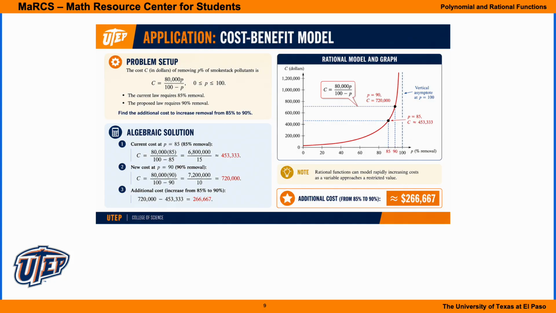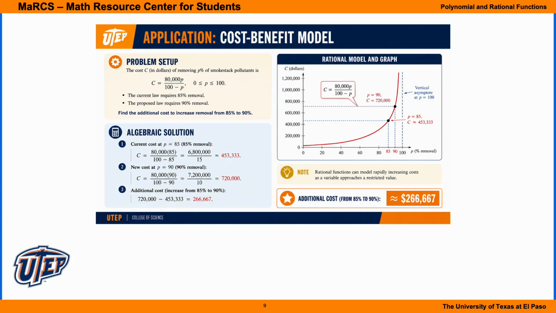So first we plug in the current cost, which is P is equal to 85. So C, or the cost, is equal to 80,000 times 85 divided by 100 minus 85. So we'll have an approximate cost of $453,333. Now the new cost at P is equal to 90, we plug that in, and we'll have an approximate cost of $720,000.